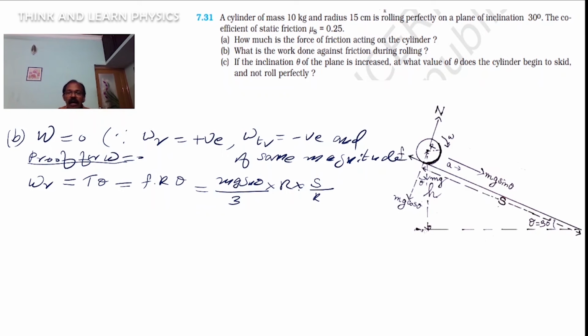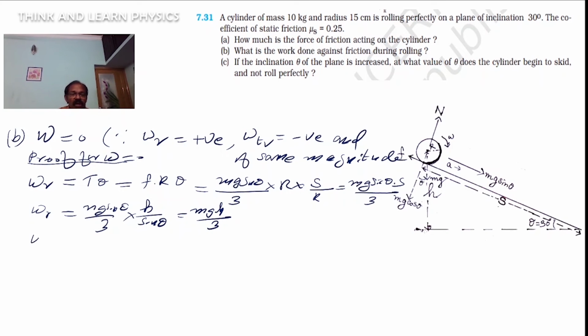Now R gets cancelled. This is equal to mg sin theta into S divided by 3, so WR equals mg sin theta by 3 into S, and S is H by sin theta from the figure. So that's equal to mgh divided by 3.